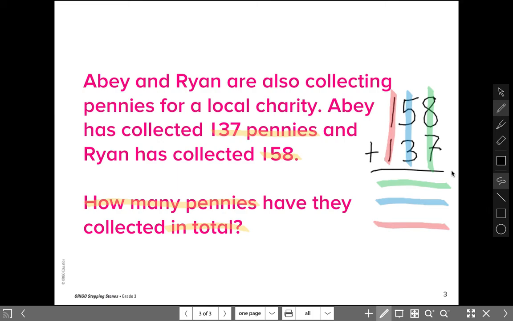Call it out to me. 15. What's 15's real name? 15. So how many tens do I have in that number? 1. And how many ones do I have? 5. Okay. What is 50 plus 3T, Lucely? 80. Good job.